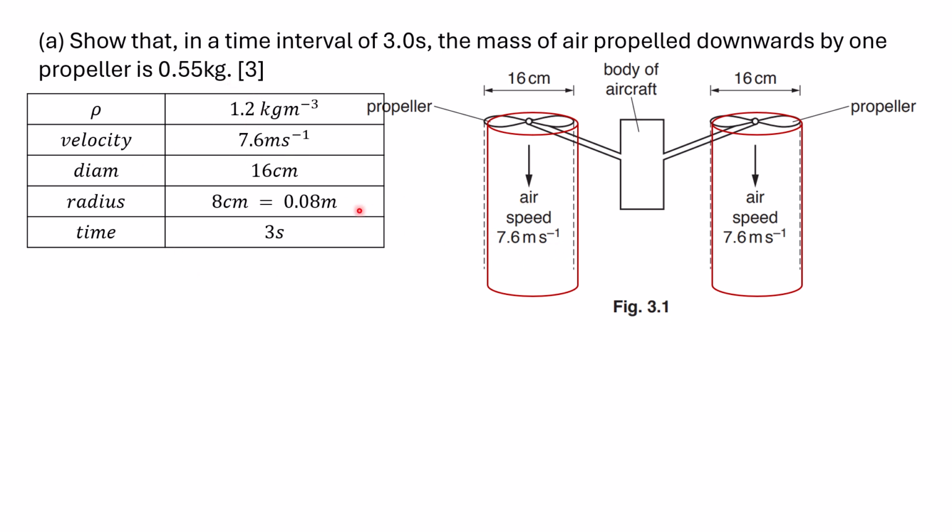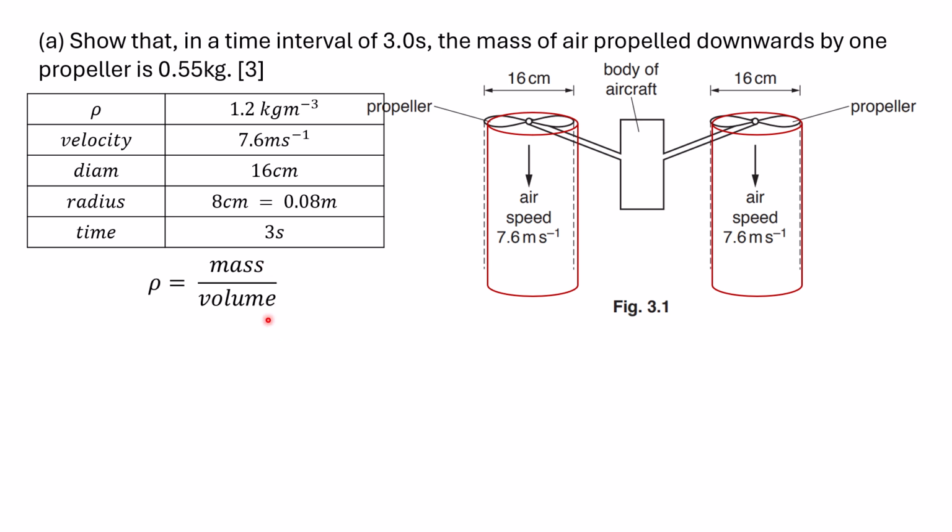So here is all the information that we have, but I add something else. The diameter of this cylindrical shape here is 16 centimeters, and the radius is 8, which in meters is 0.08 meters. To find the mass of this air column, we can use the density of the air because it was given.